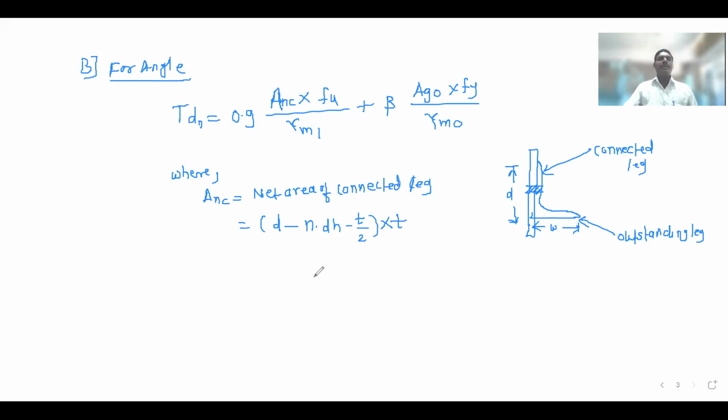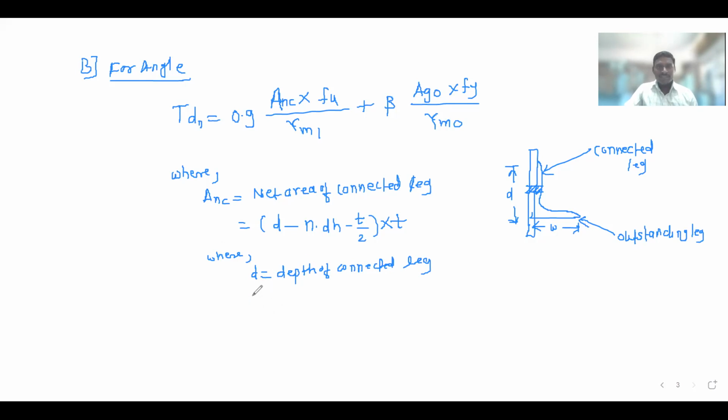This is the formula for calculation of net area. Now what is D? D is the depth of the connected leg.